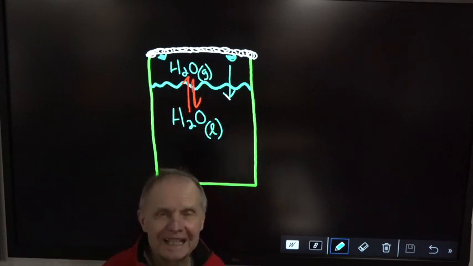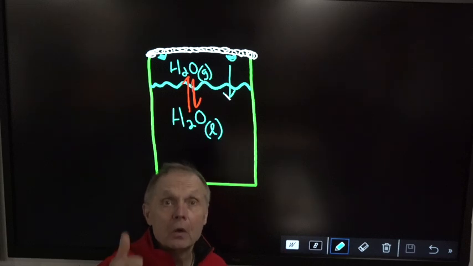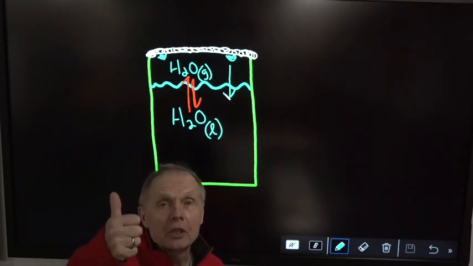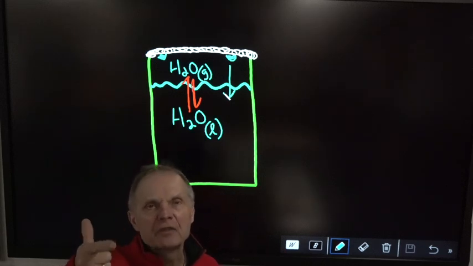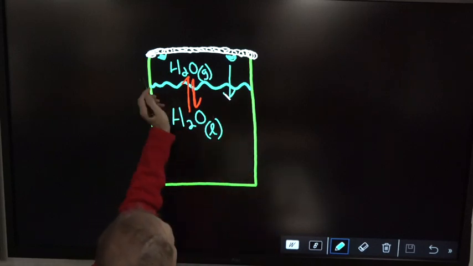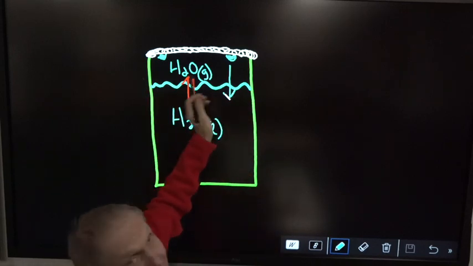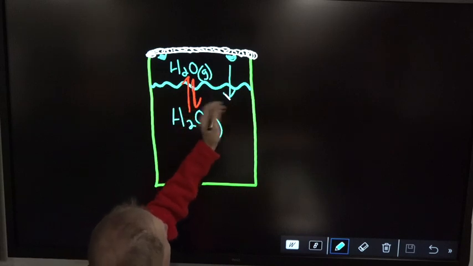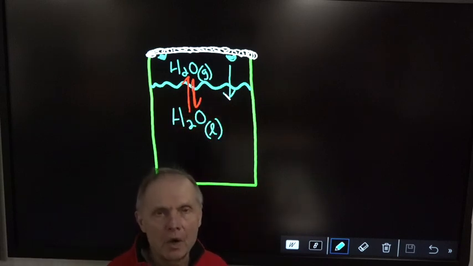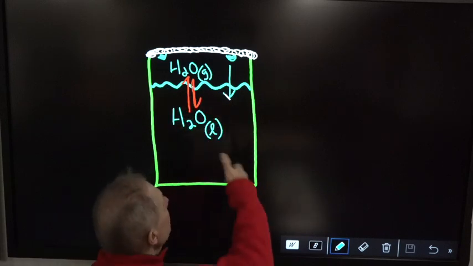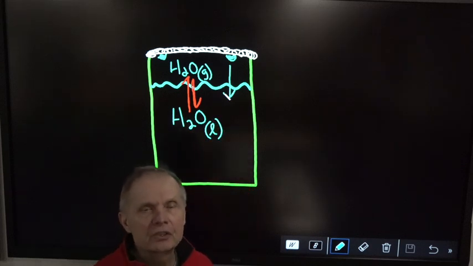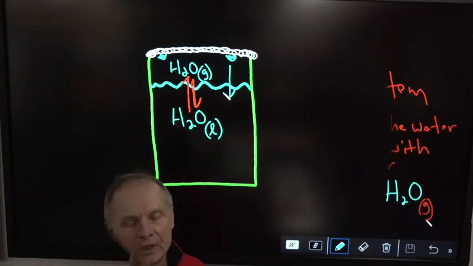That is called equilibrium. So, closed system and the products have to be saturated. In this case, the air above the water is saturated with water vapor. Then you can have equilibrium occur. That's the best example of phase equilibrium.